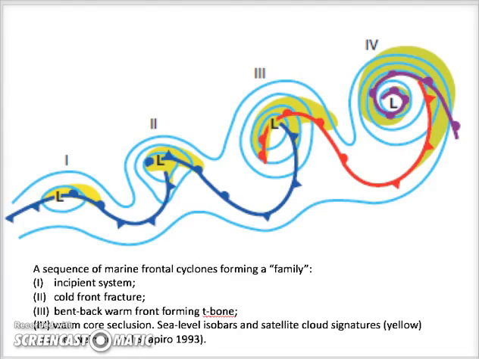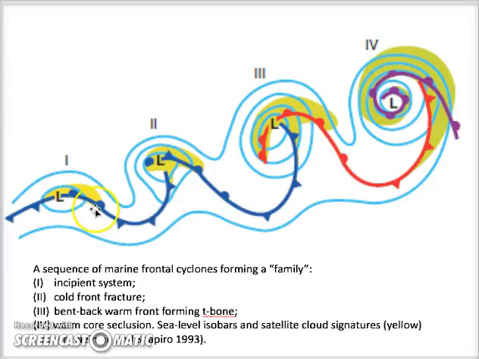So, a sequence of marine frontal cyclones forming a family: incipient system, frontal fracture, back-bent warm front forming T-bone, and step 4, warm-cold occlusion, with sea level isobars and satellite cloud signature.